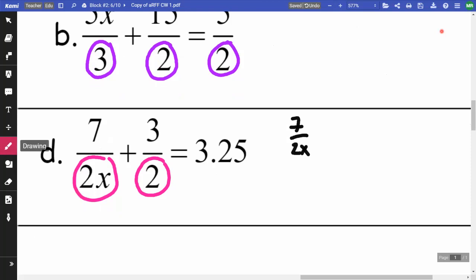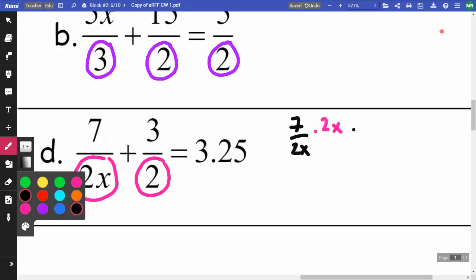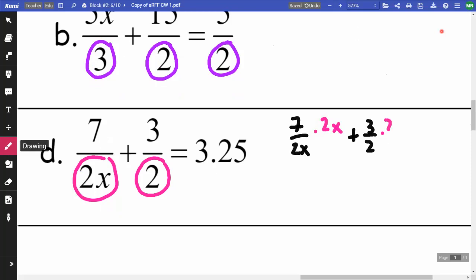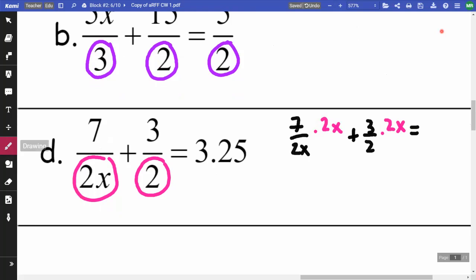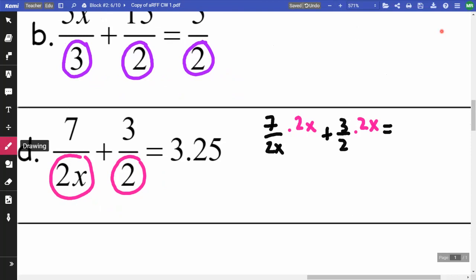And again, I'm going to times it by 2x, plus 3 over 2. And I'm going to times it by 2x, equals 3.25. Scoot over a little bit. 3.25. And I'm going to times that by 2x.